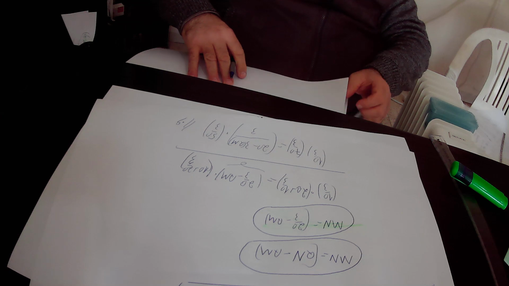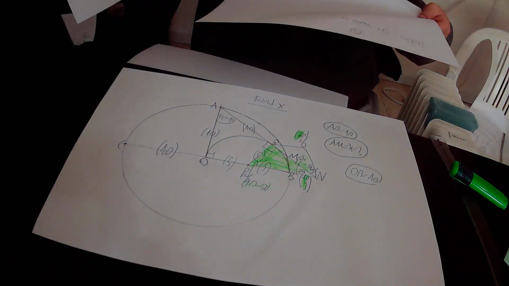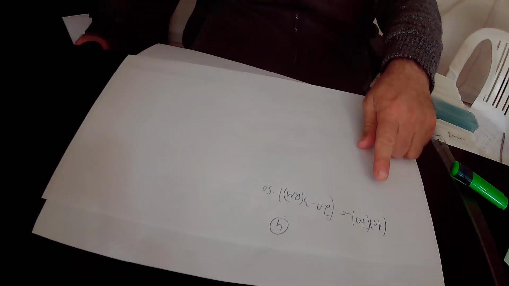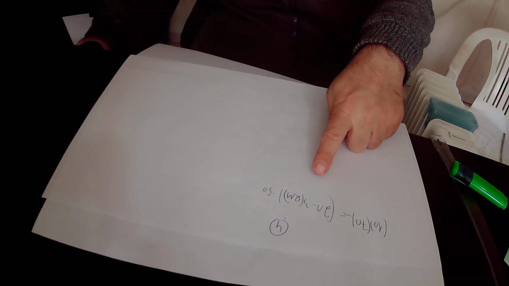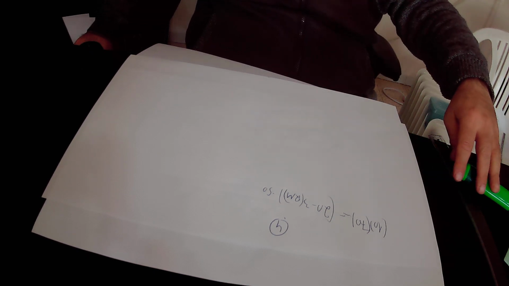So I already found out that 10 times 70 equals 20 minus 3 Qm times 50.